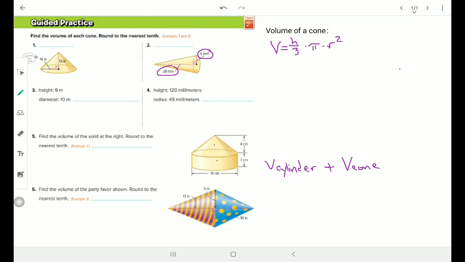You have both of those formulas and you know how to find them. But notice one little trick here. This 10 is the diameter, so you'll need to find the radius from that point. Same thing with number 6, you're given 2 cones, so you'll need to find the volume of one cone and add it to the volume of the other cone.